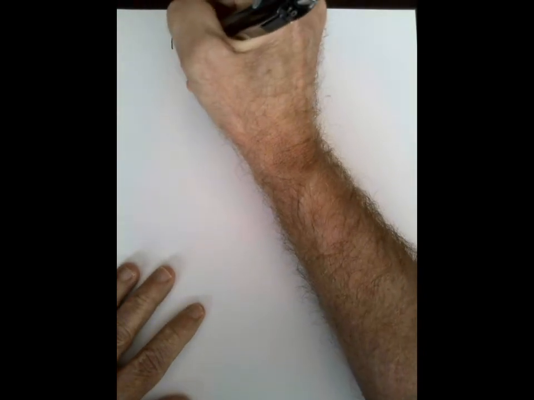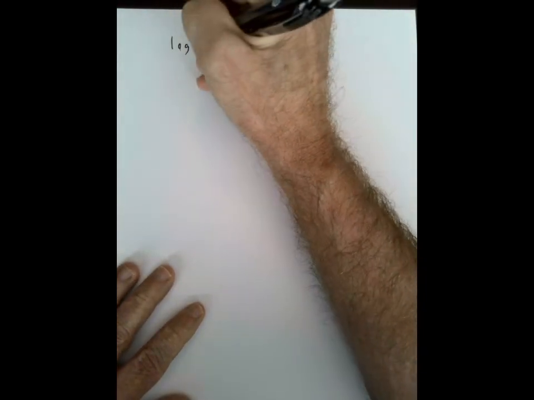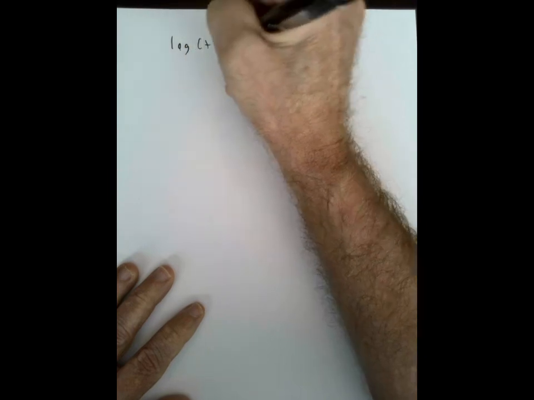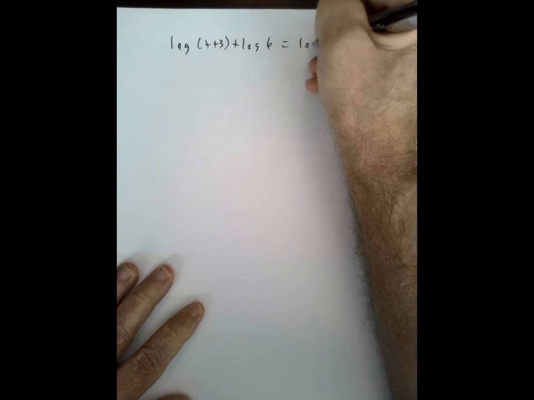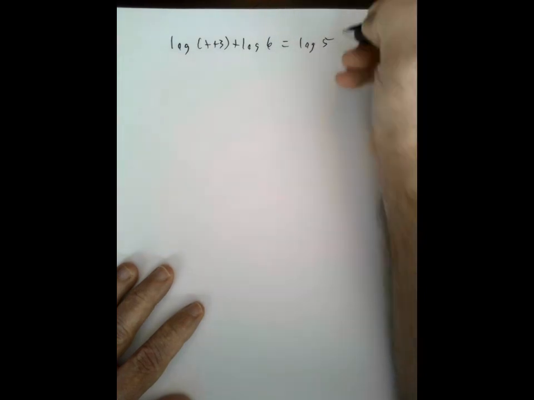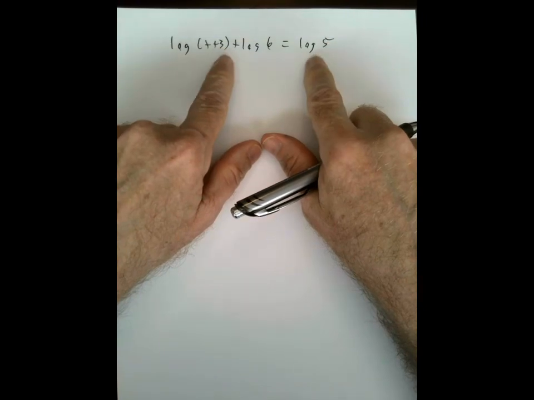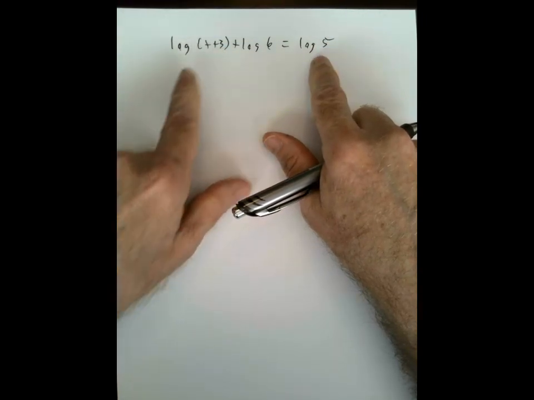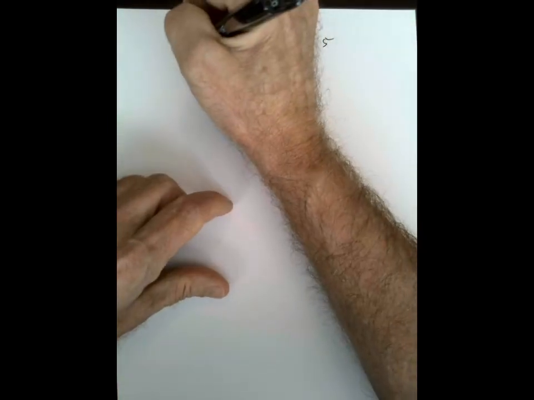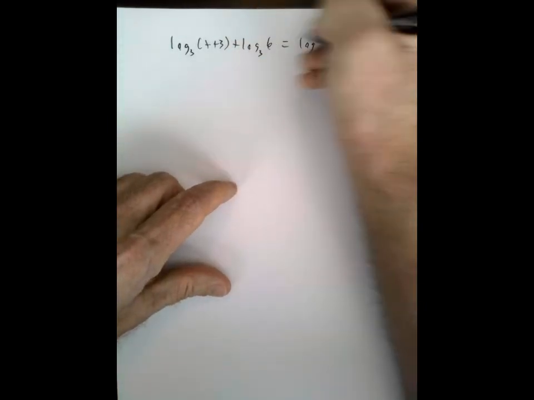Here's another example. What if we've got something like log of x plus 3 plus log of 6, and I'm going to put a log expression on the other side. Now these, in a way, are even simpler, because since we've got logs on both sides, and we're only going to have equations where the log bases are the same, I'm going to make these log base 3, because we haven't done that lately.